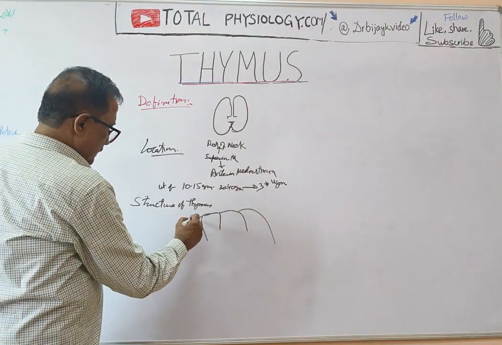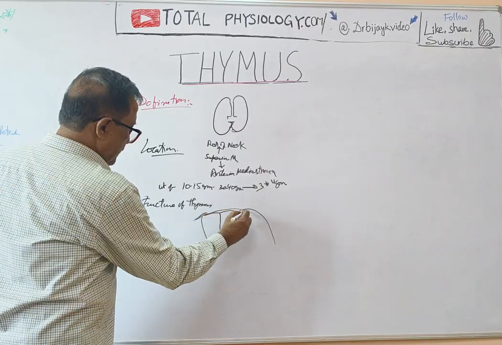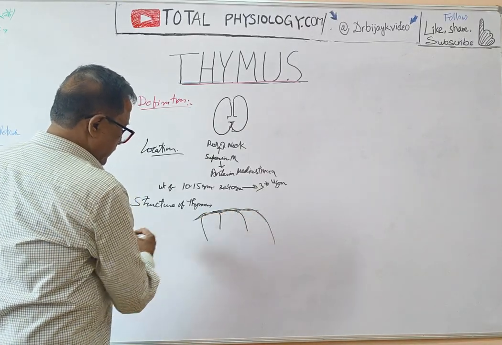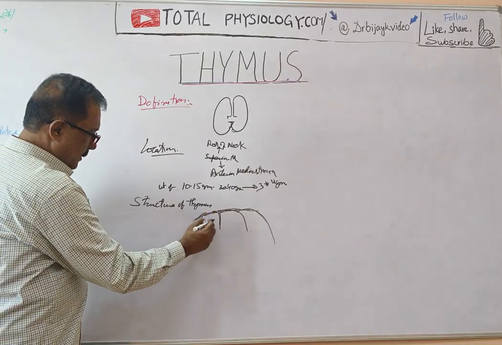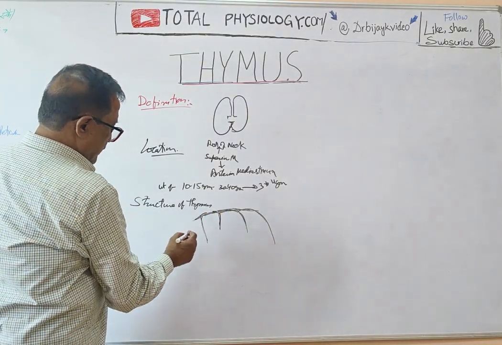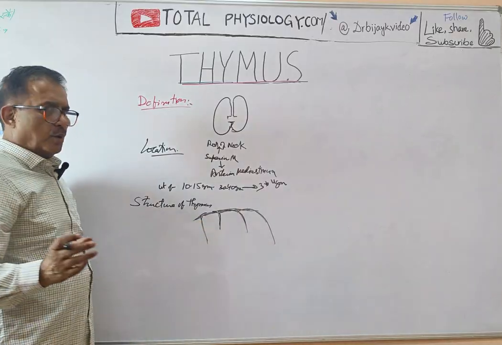First is the capsule. The capsule is a thick, fibrous capsule, and from this capsule, trabeculae pierce the gland and divide it into lobules.